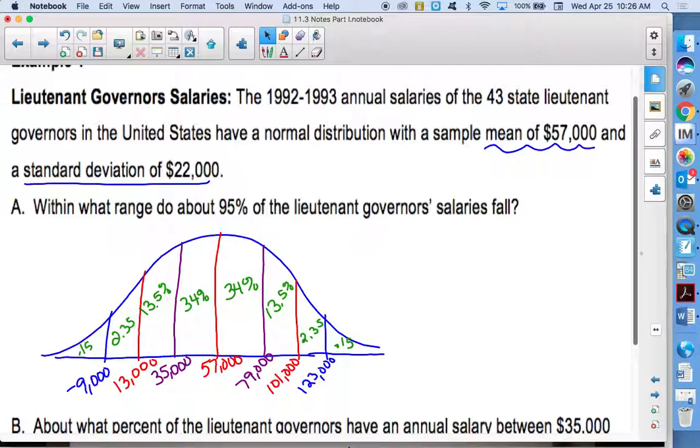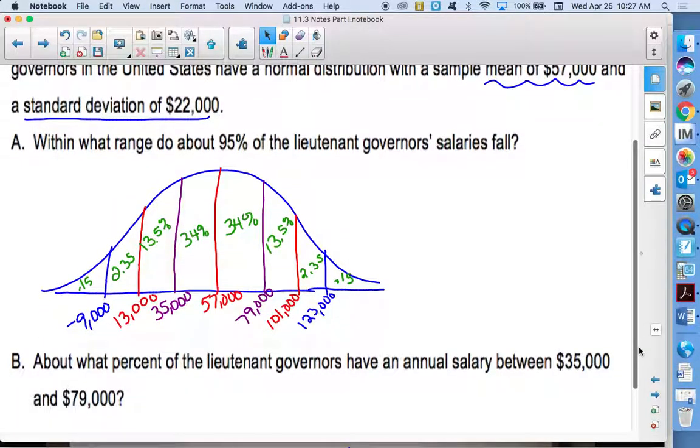The reason you're organizing this information is because we need to answer a couple of questions about it. Once you have the salaries labeled and the percentages labeled, then you can start to answer some things. Some of them, you might have like 10 questions based off of one chart. The question says, within what range do 95% of the lieutenant governors' salaries fall? Starting in the center, adding those percentages, 95%, what range would that be?